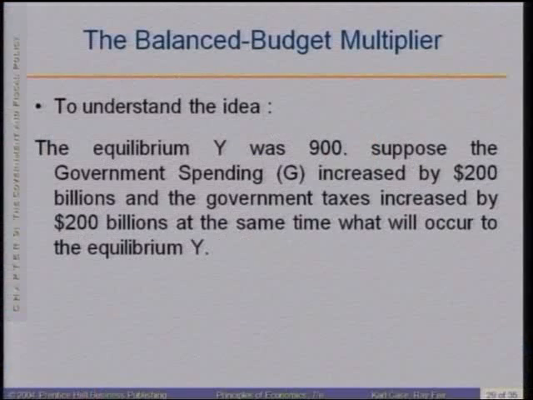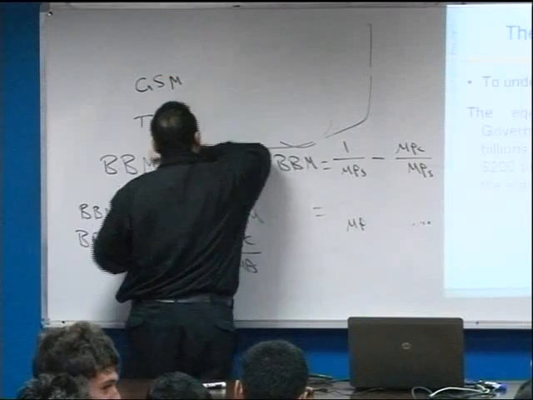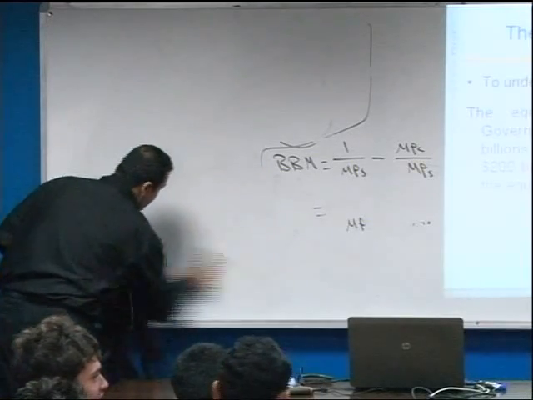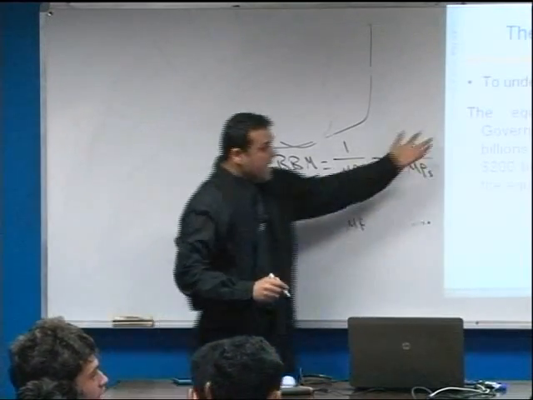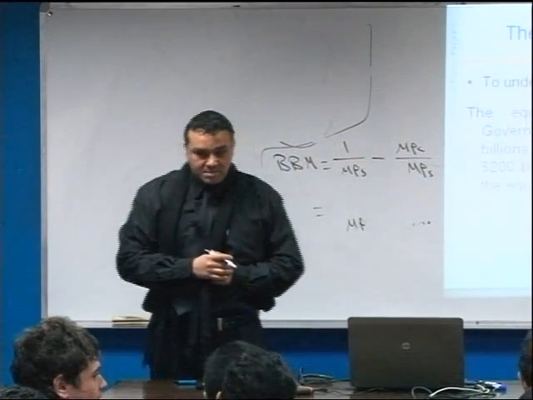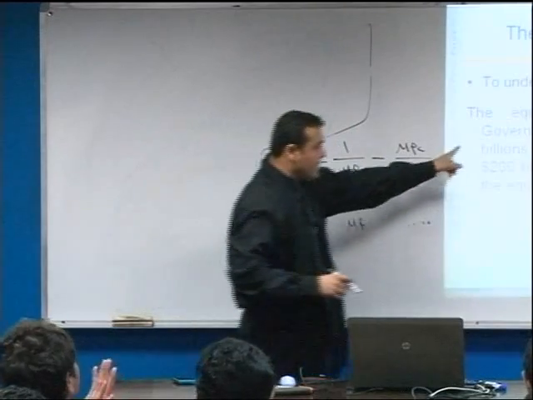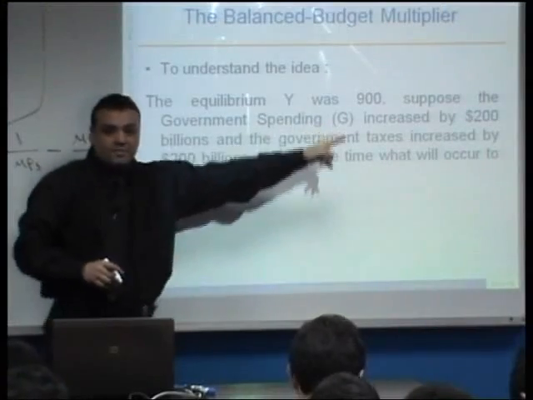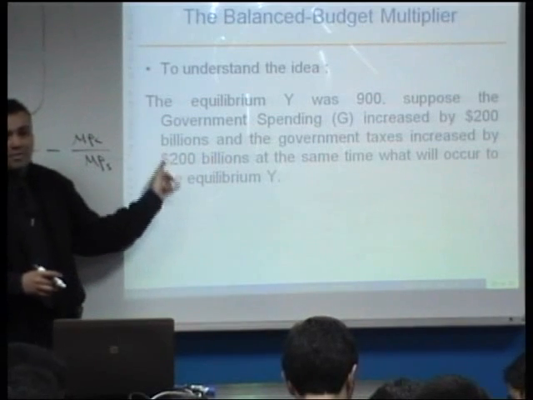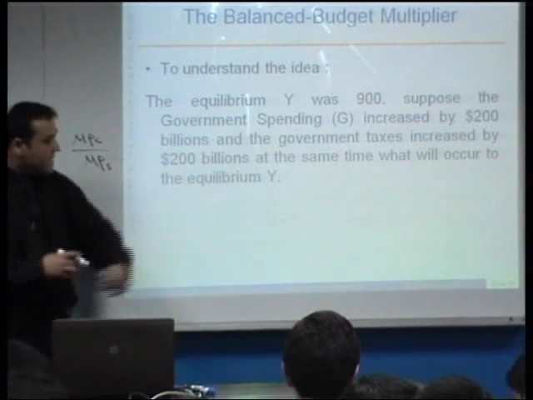So as you see, let's go to this example. Suppose the equilibrium Y was $900 million, and suppose the government spending increased by 200 and the government taxes increased by $200 million at the same time.